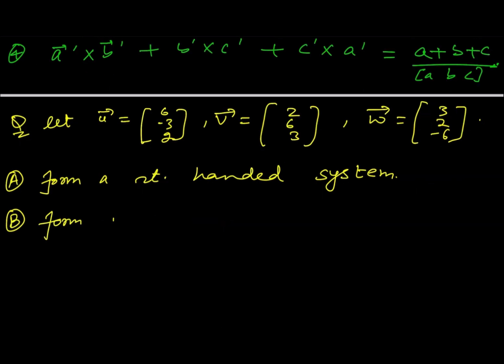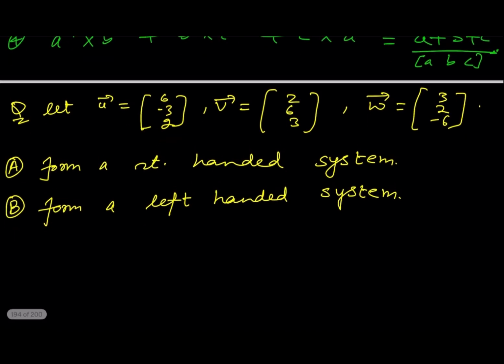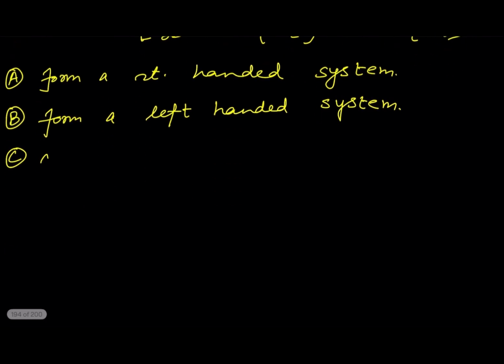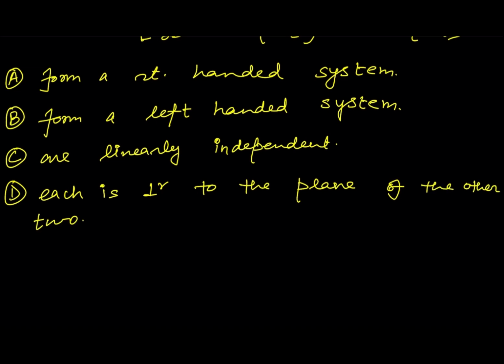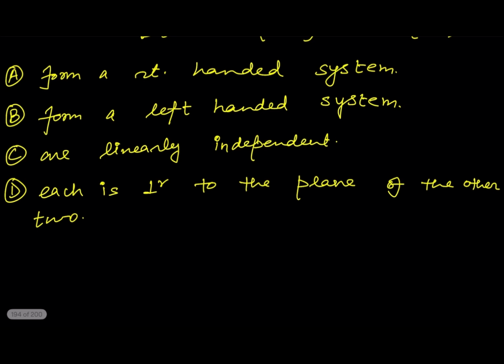B: form a left-handed system. C: are linearly independent. And D: each is perpendicular to the plane of the other two, right? So now we have to give the answer, which one is correct.